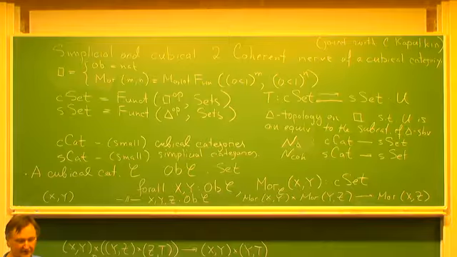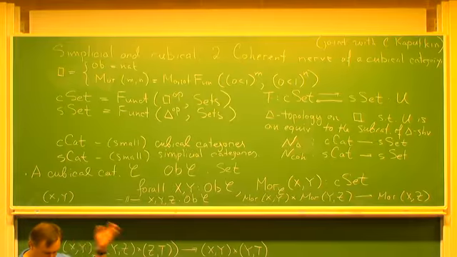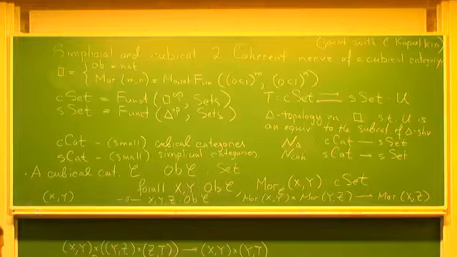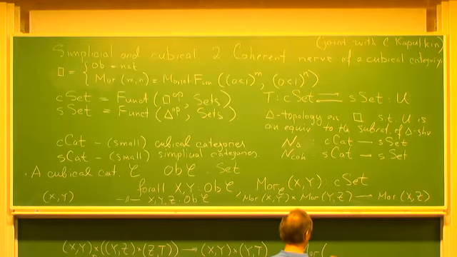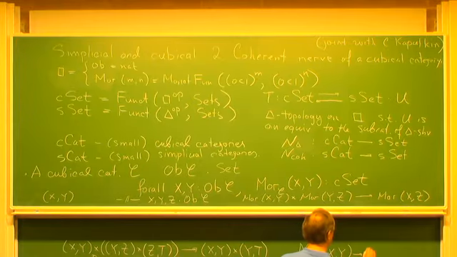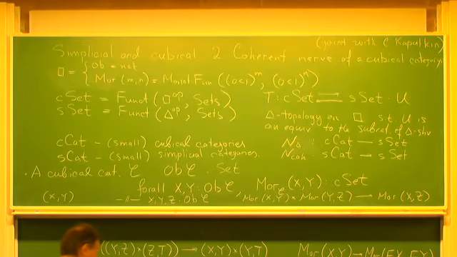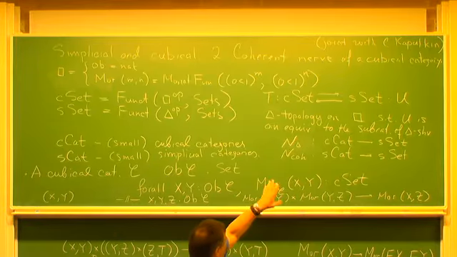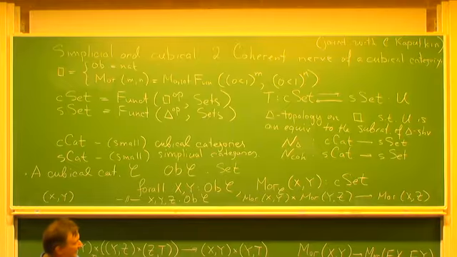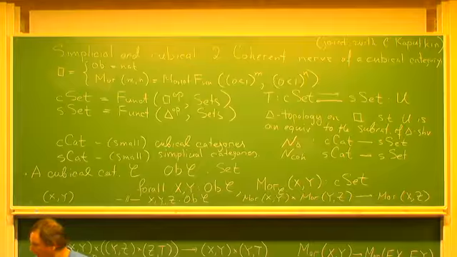So these are functors where one uses a morphism between simplicial or cubical sets instead of a function between the corresponding sets of morphisms. And one can verify and get these categories C cat and S cat.